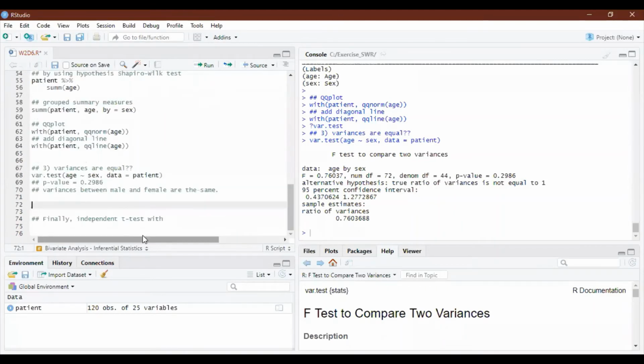Okay, I didn't notice the time limit, so it automatically stopped. Anyway, finally we can test our data using an independent t-test with the same variances.